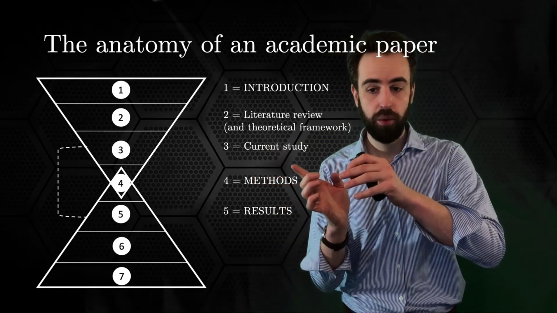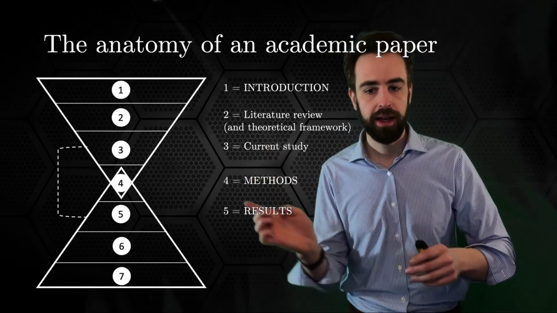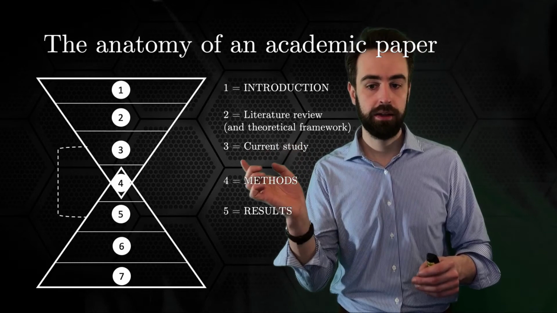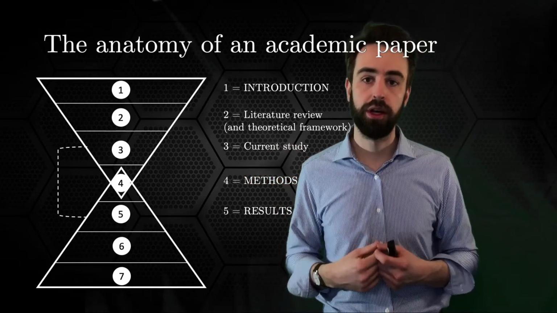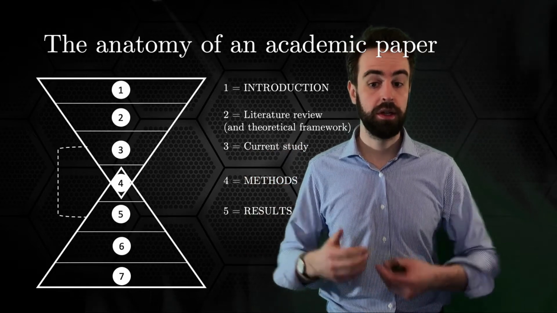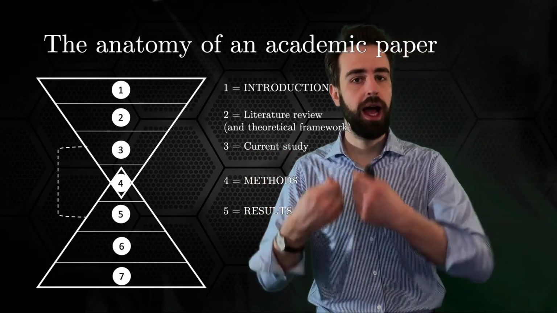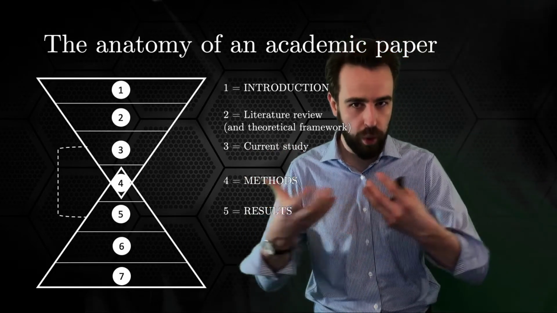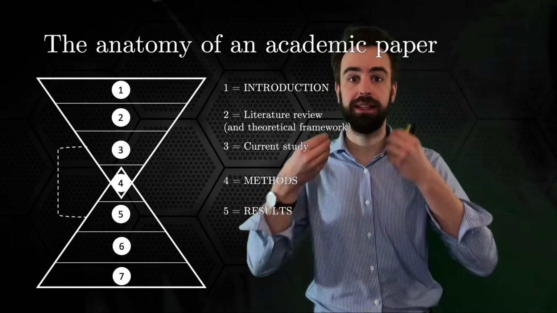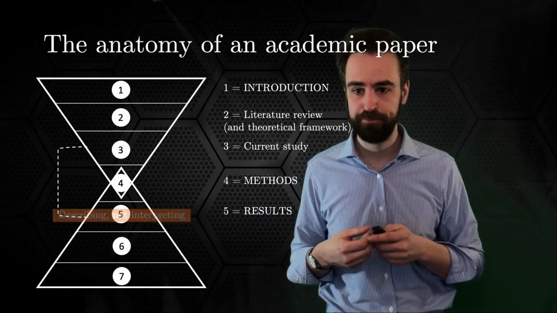So basically what we're doing in our results is answering our research question and confirming or not our hypotheses. So our results section asks: was our research question answered? If so, how? What comes out of the data that makes us believe that this research question was answered?